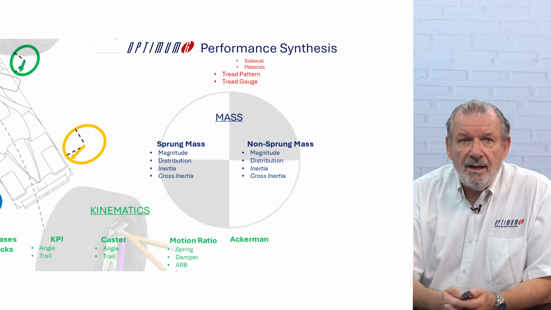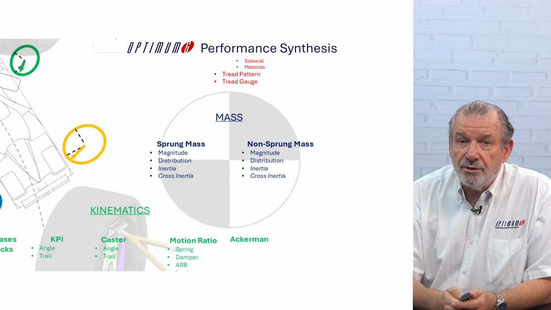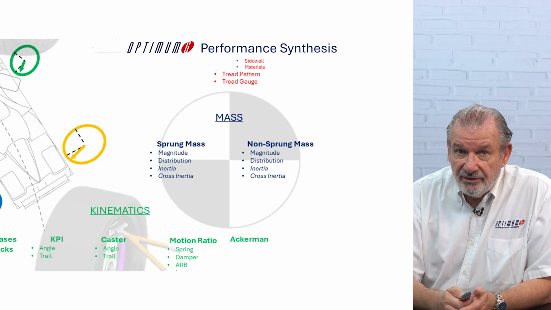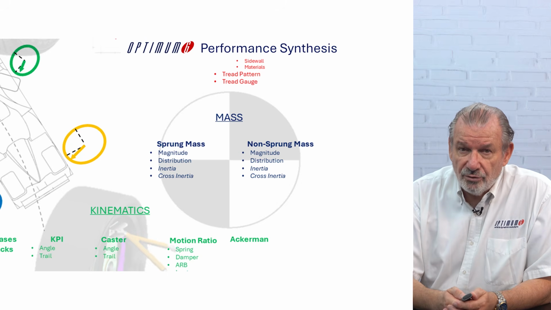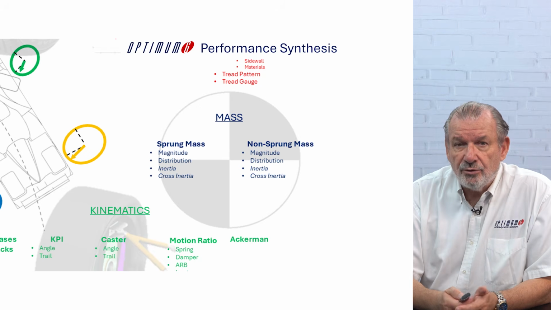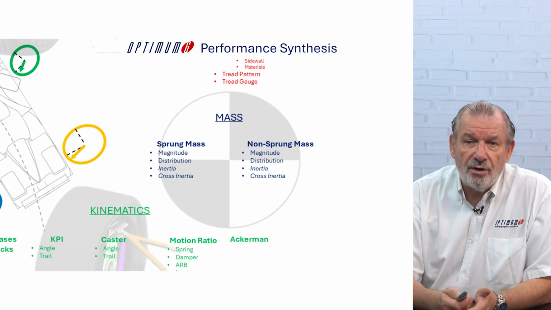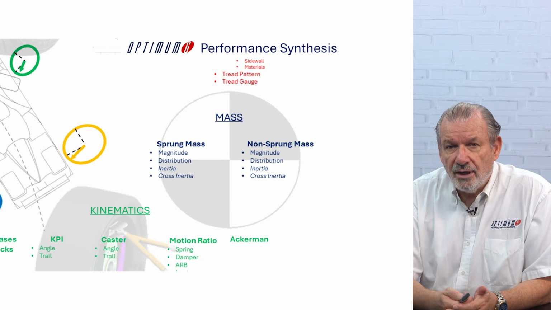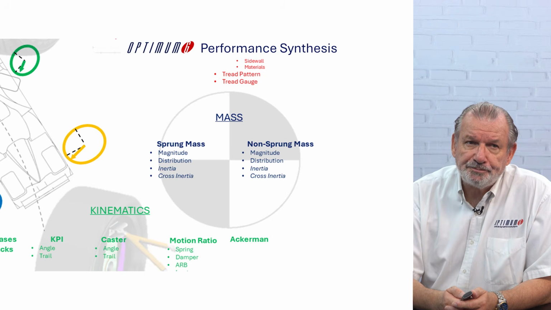If your weight distribution is 48% on the front, you should have about 48% of the grip on the front, roughly, depending on how much understeer gradient you want. You need to know the inertia and the cross inertia. And this is not only for suspended, but also for non-suspended mass. Cross inertia, a combination of XX, YY inertia.